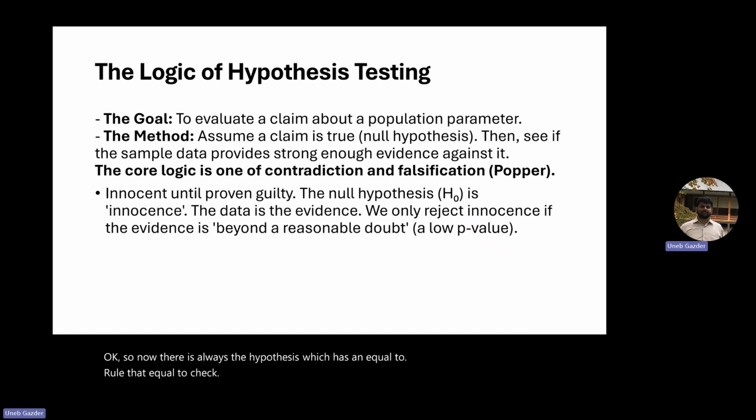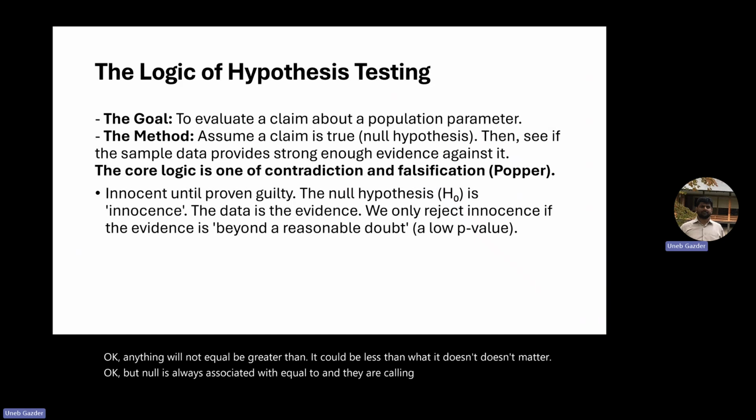And the other one is what? What are we calling it? Alternate. Anything that is not equal. It could be greater than, it could be less than, that doesn't matter. But null is always associated with equal to, and they are calling it true.